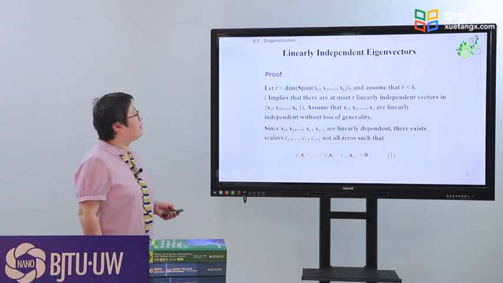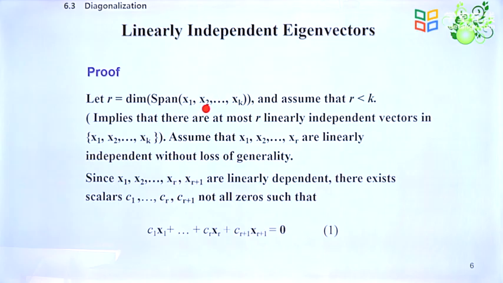Let r be the dimension of the span of x1, x2 till xk, and assume that r is smaller than k. So this implies that there are at most r linearly independent vectors in x1, x2 till xk.